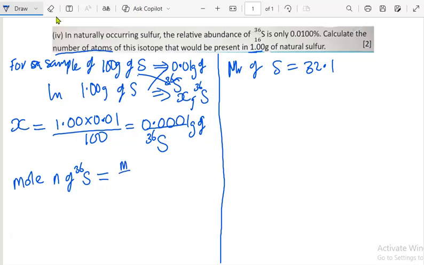So we are going to have mass over molar mass, which means 0.0001 over 32.1.